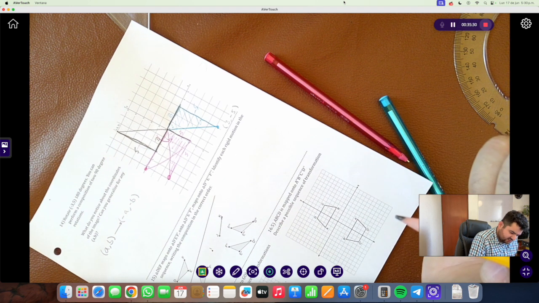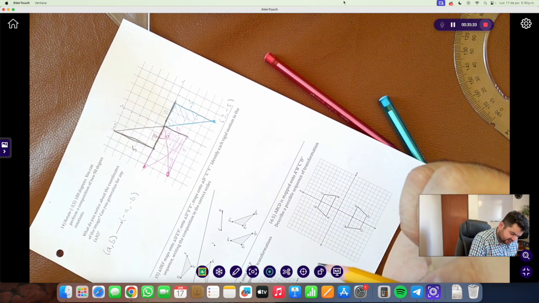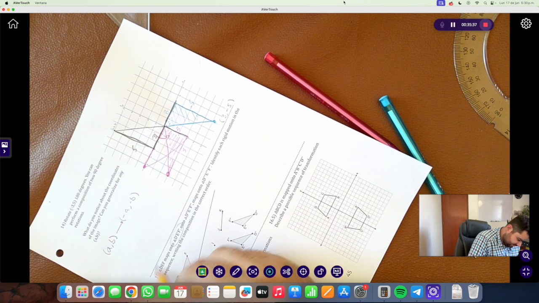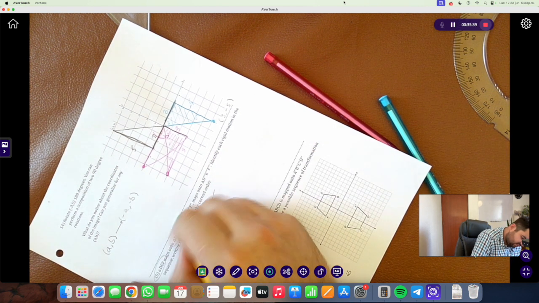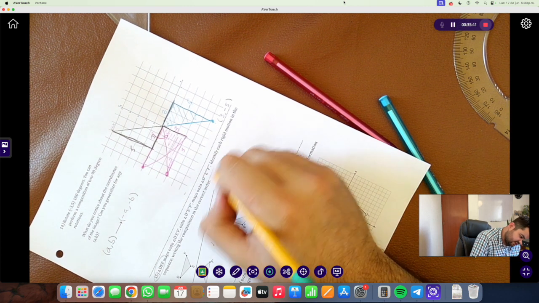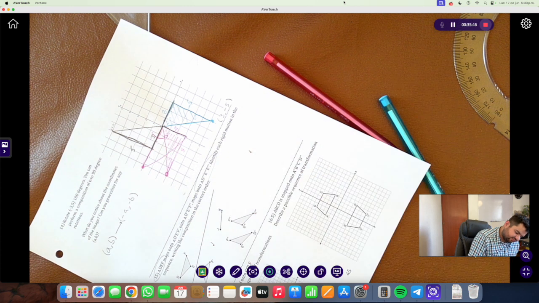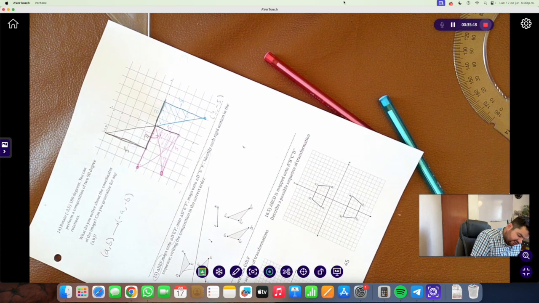Okay. So which sequence of rigid motions was applied to get DEF onto triple prime D, triple prime E, triple prime F? So from here to here, it's a reflection.